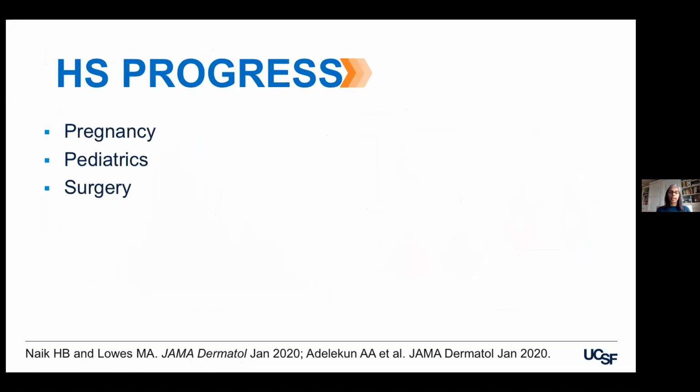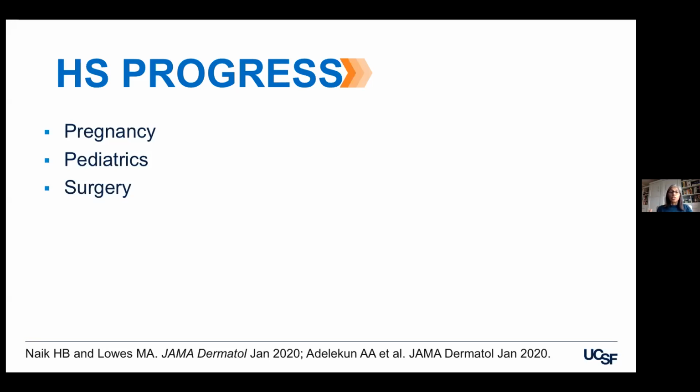Similarly, the data on pediatric HS is sparse and is primarily at the level of case series and case reports. And although there's actually a lot of literature on the surgical management of HS, most of the studies in the surgical literature are of variable quality for a variety of reasons, including use of retrospective data, and there really is, frankly, at this point, no uniform definition for remission or recurrence in HS, so the data are quite jumbled.